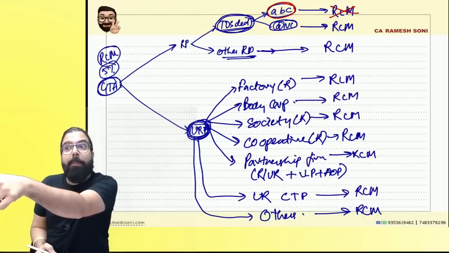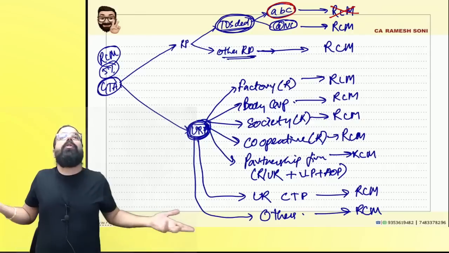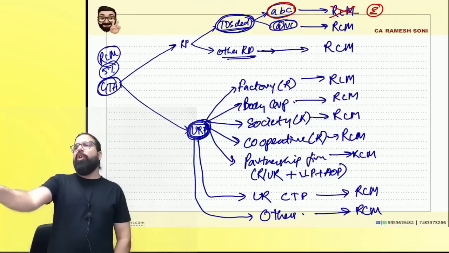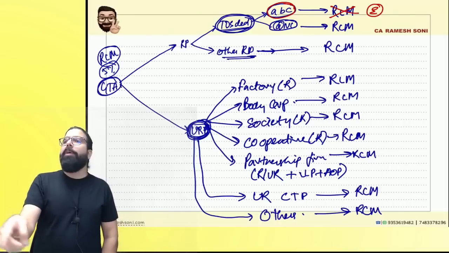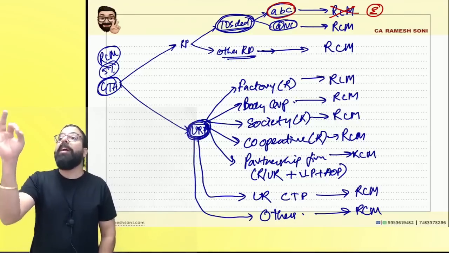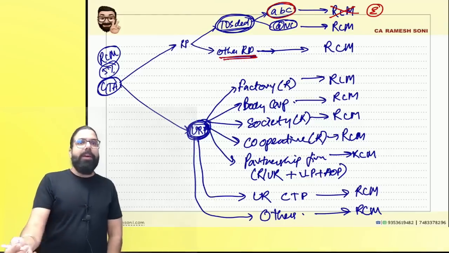If reverse charge is not applicable, forward charge is applicable. It means GTA should pay. GTA told, sir, we will not pay, and hence government went ahead and exempted it. My question to all of you, if the central government, state government, local authority, etc., has not taken registration as TDS deductor, they have taken registration normally, then they will come over here. You guys got my point?